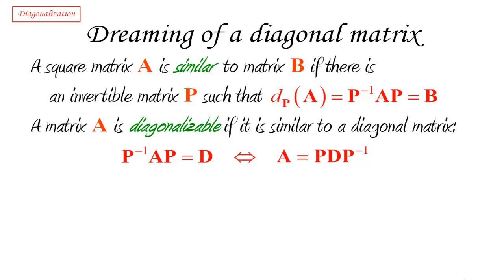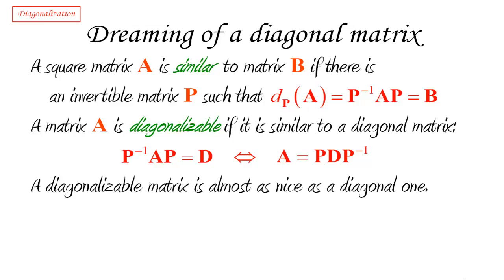So now if we can do that, because similarity transformations maintain a lot of properties, maintain determinants, characteristic polynomial, eigenvalues, and so on, that means that if a matrix is diagonalizable, well, it's not quite as nice as having a diagonal matrix, but as close as we can get. Okay? So a diagonalizable matrix is almost as nice as a diagonal one.